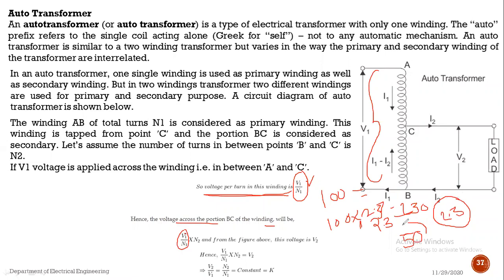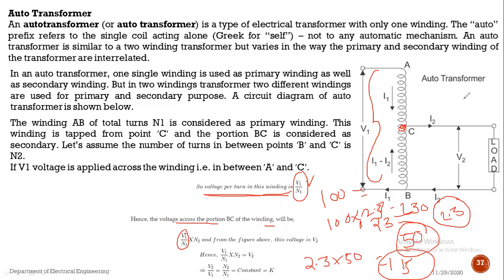If there are 50 number of turns then what is the voltage, that is 2.3 into 50, किती येतं? 115. That means the tapping can be done exactly at 50% of total number of turns. Total number of turns च्या 50% ला टॅपिंग केलंय.